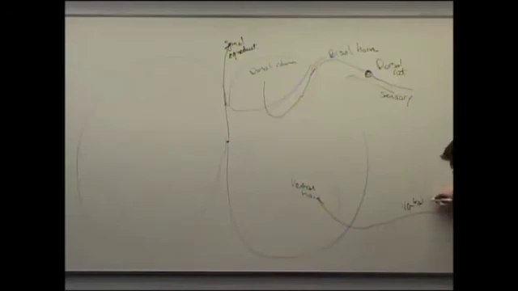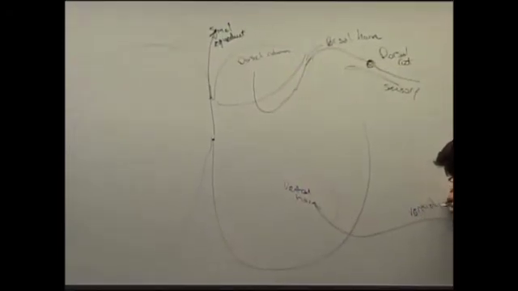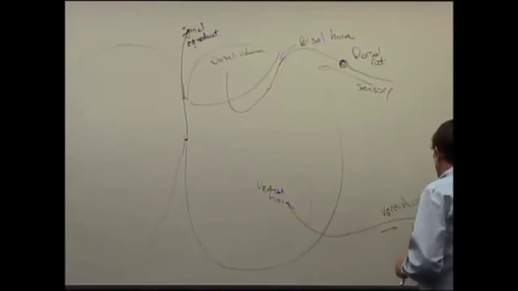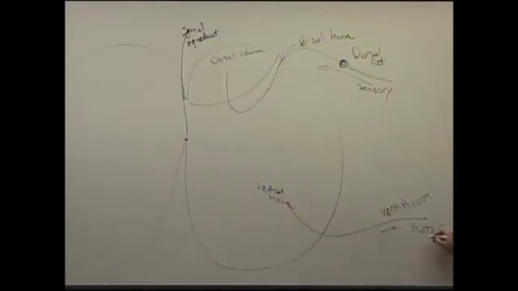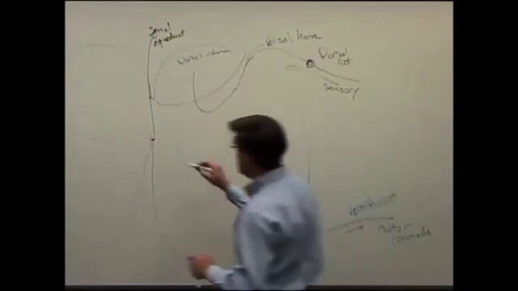Ventral root. And that's the motor commands. And then you have this area here, which is the periaqueductal gray.